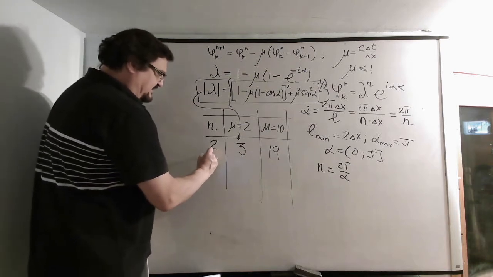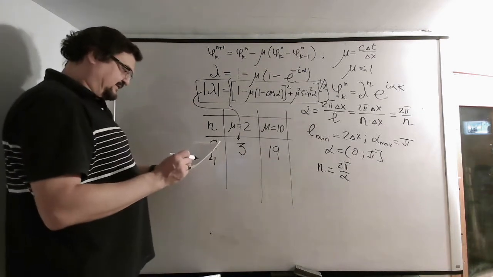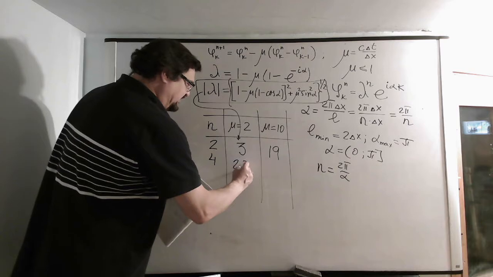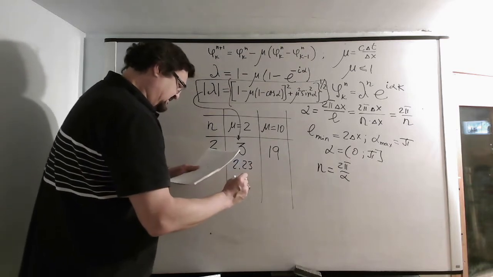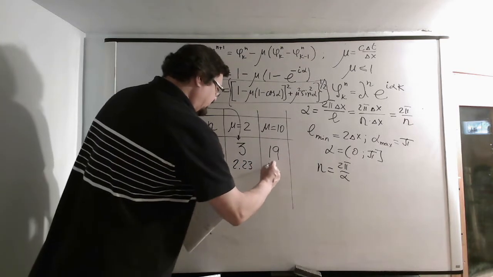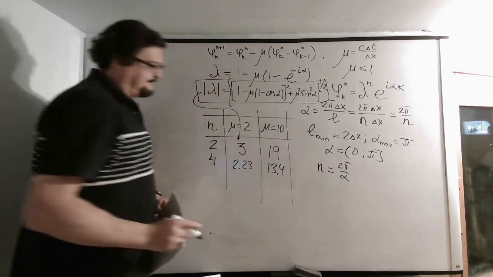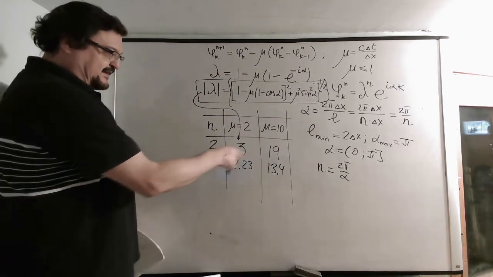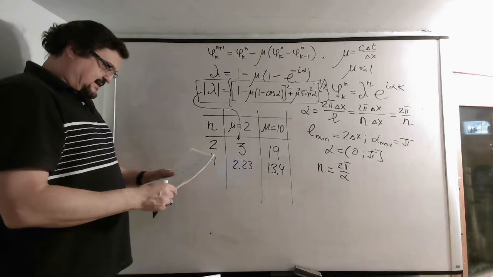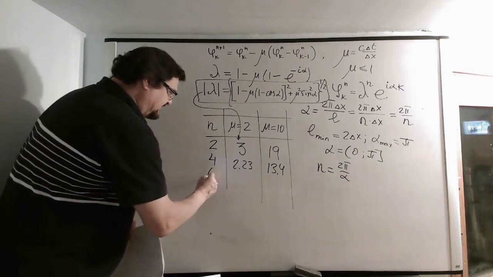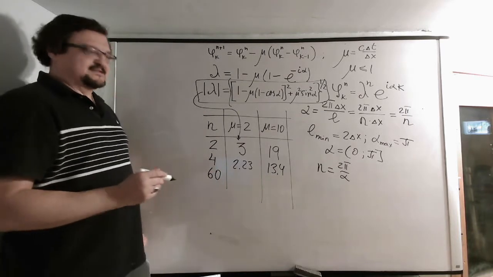For 4 delta x waves, it's a little bit smaller. It's 2.23, and here 13.4. So you see it starts reducing. And how about wave number 60, so 60 delta x?